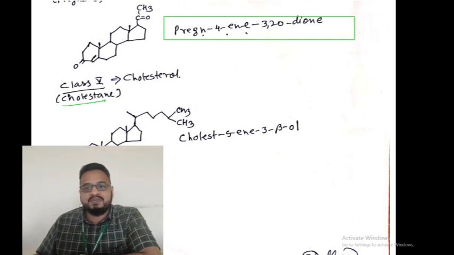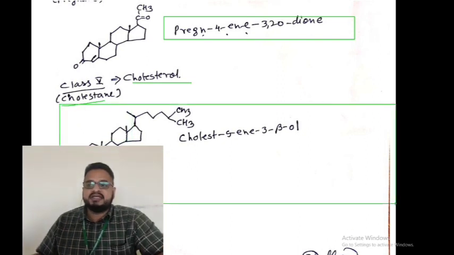And the fourth class is cholesterol, with 27 carbon atoms. Example would be cholesterol. So this particular structure you are seeing here is cholesterol. What is it? Cholest means cholestane ring. Cholest-5-ene. Check, 1, 2, 3, 4, and this is the fifth carbon.